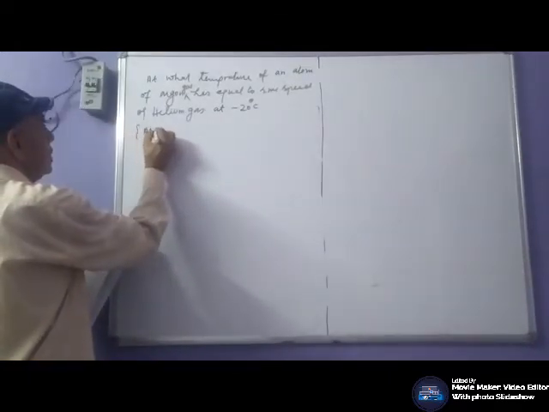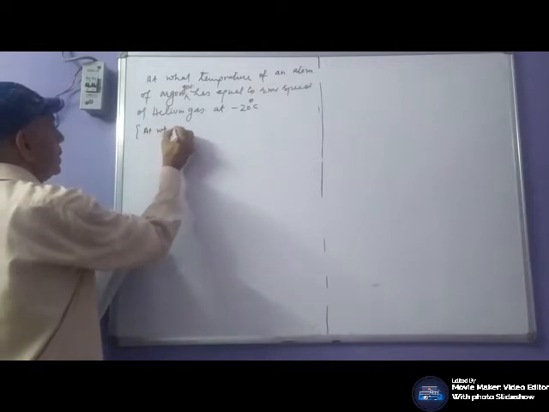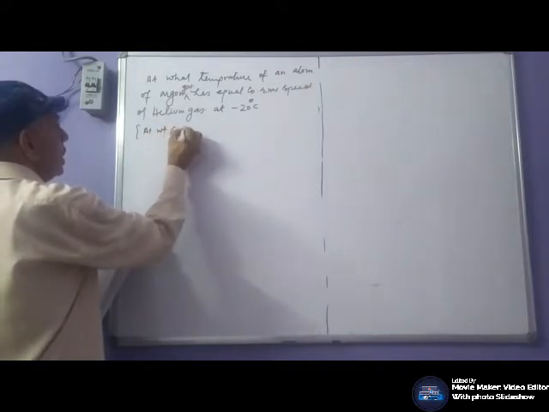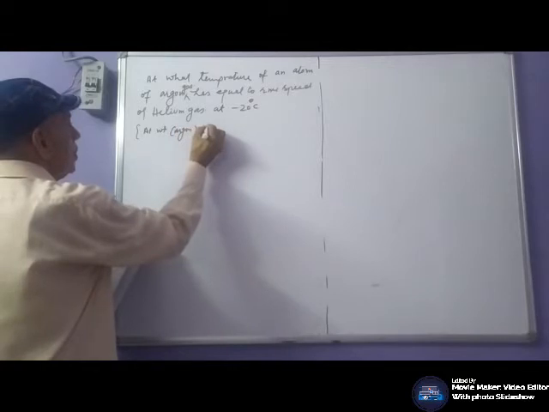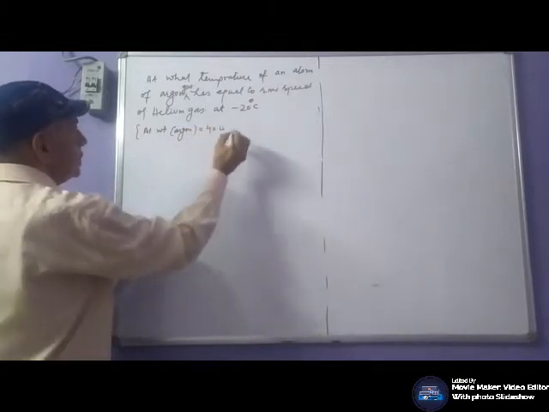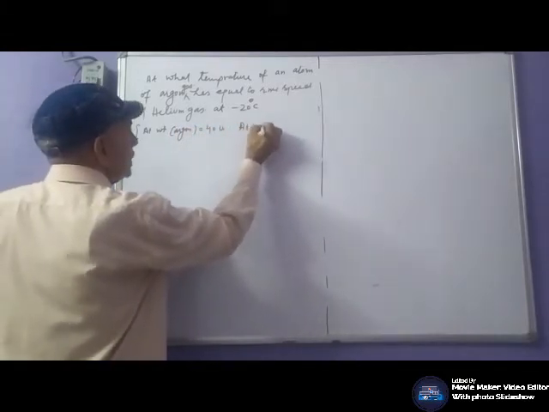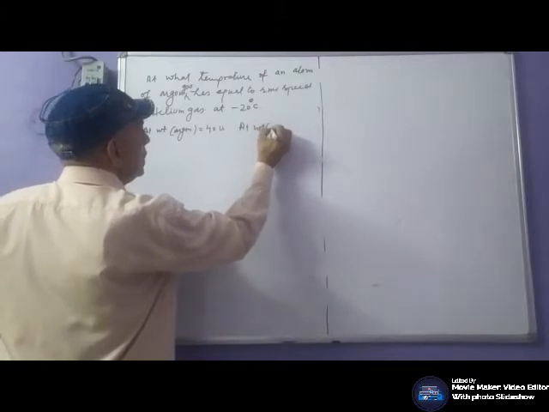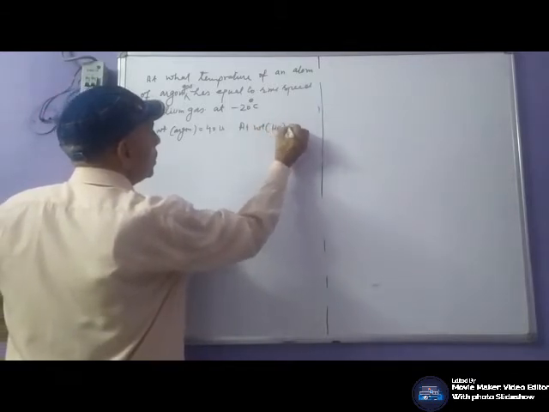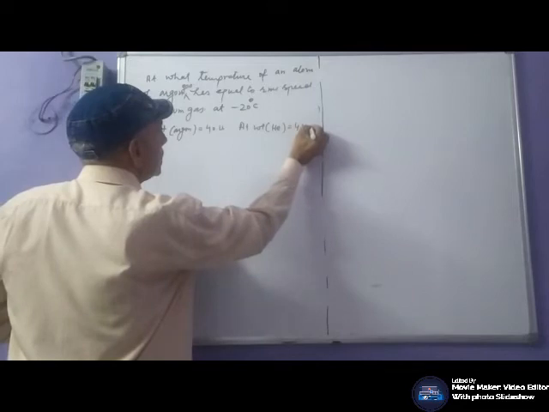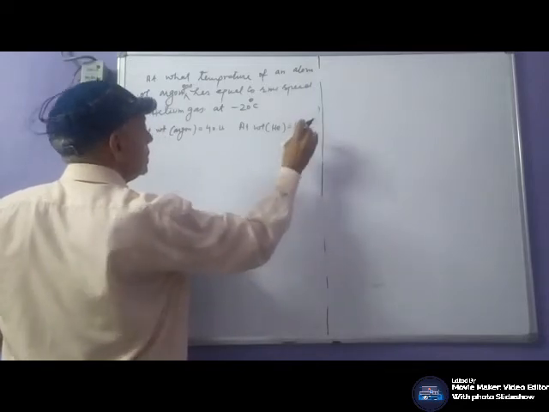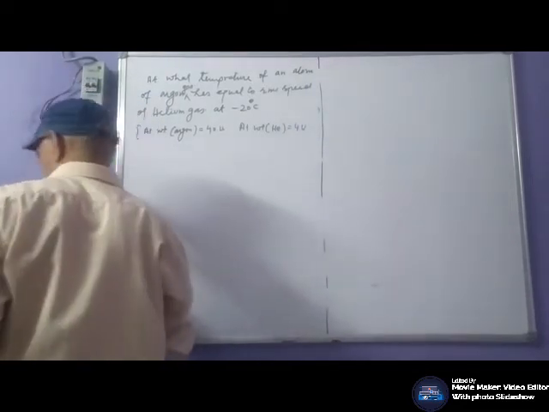Given: atomic weight of argon is 40 units, atomic weight of helium is 4 units.